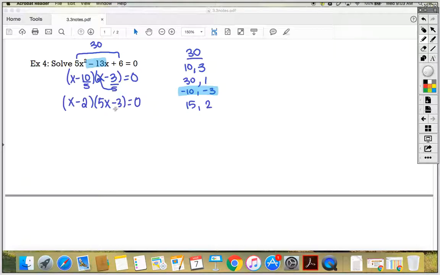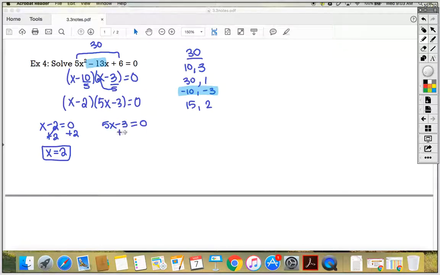I've factored. I'm ready for step 3 where I'm going to solve. So I'm going to take inside this parenthesis the x minus 2 and put it equal to 0. And I'm going to take this one, 5x minus 3, and put it equal to 0. Let's solve this for x. So we're going to add 2. x equals 2.